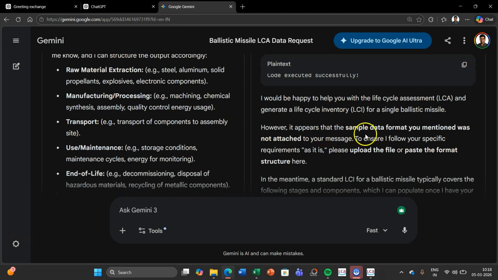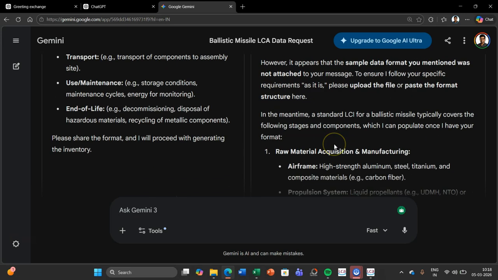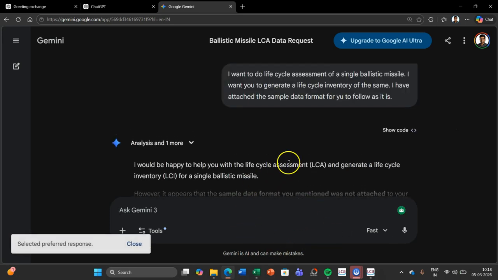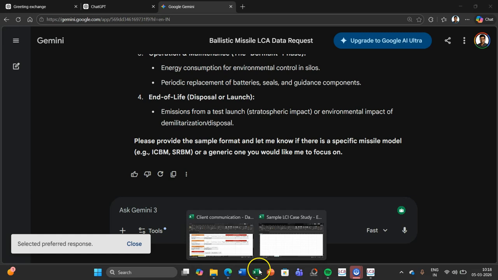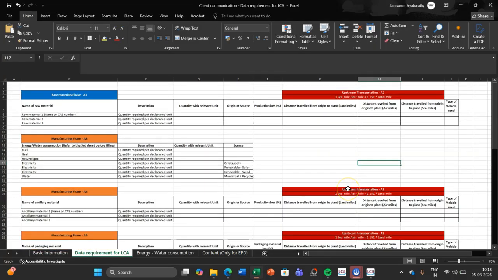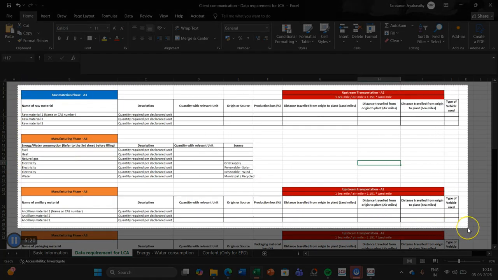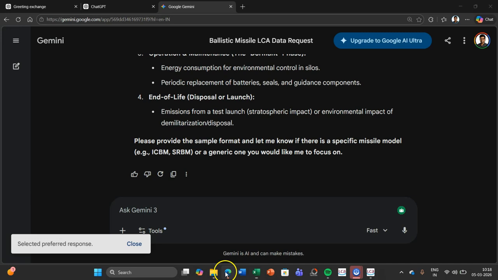Okay, however, it appears the sample data format is needed. Okay, you need a sample format, right? No problem, I will be giving it. Let us see whether Gemini will provide us the data.